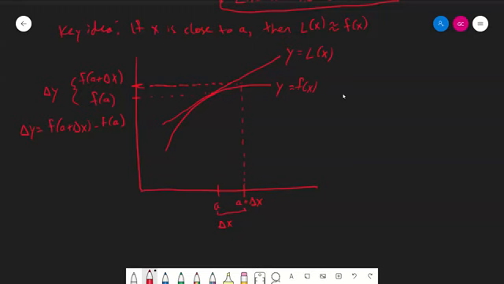Now what we've seen is that for some functions, finding delta y exactly, or finding, say, a decimal approximation for it, can be kind of difficult. So what we did was we used the linearization, and so instead of putting this new x value into f of x, we put it into L of x.